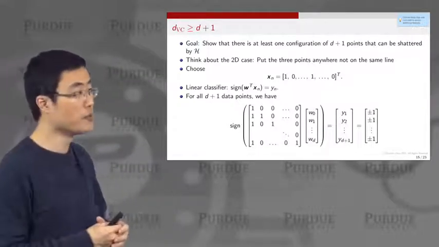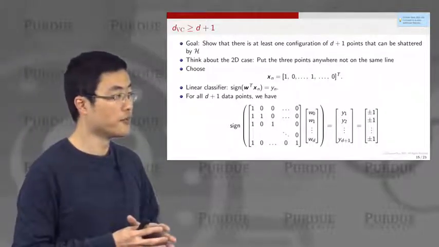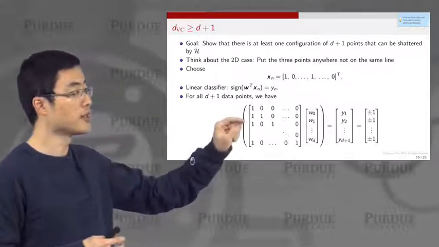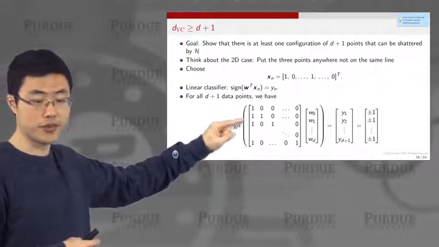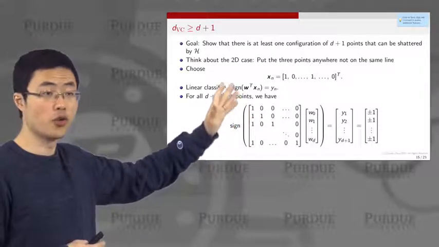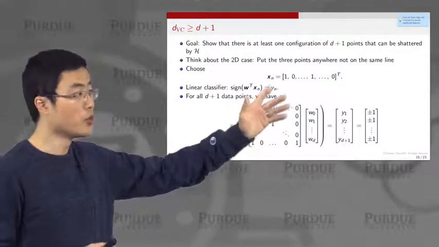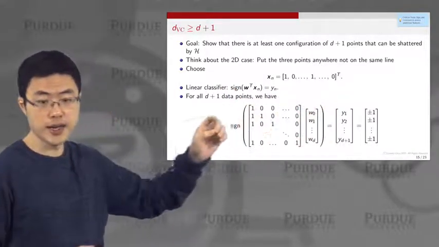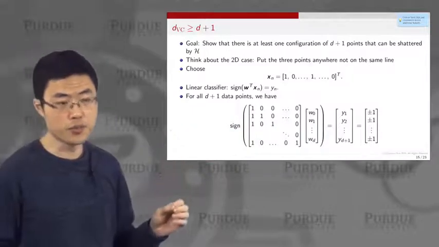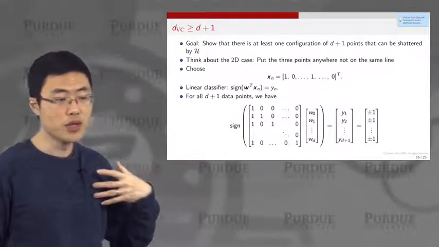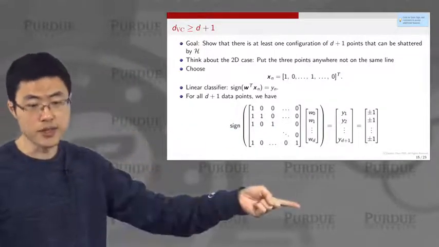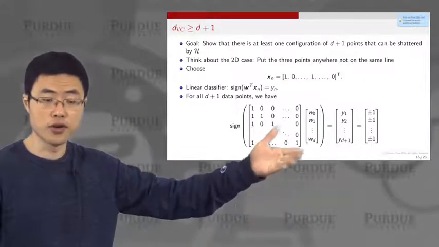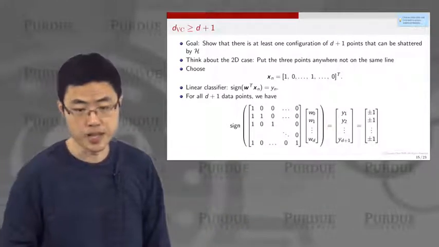So what would be the allowable variables here? This matrix, of course, is given to you. It's a fixed matrix. That is the location of the data points. The y's are also fixed. They are the labels of all these data points. We ask, are we able to generate this dichotomy if you give me the +1 and -1 according to whatever way you are defining?